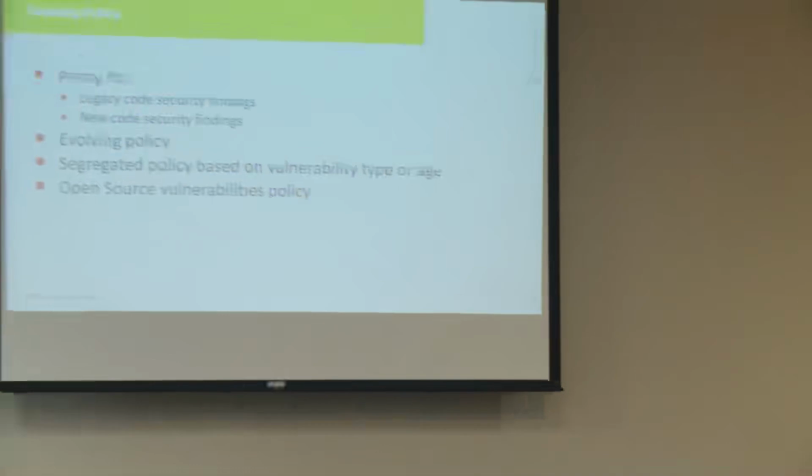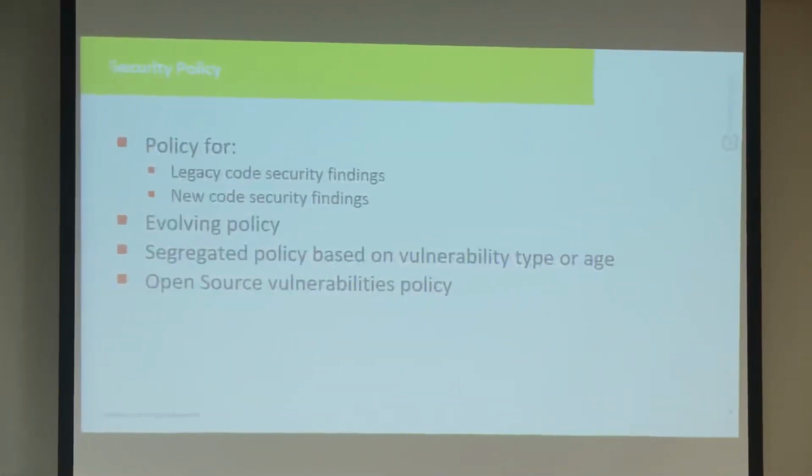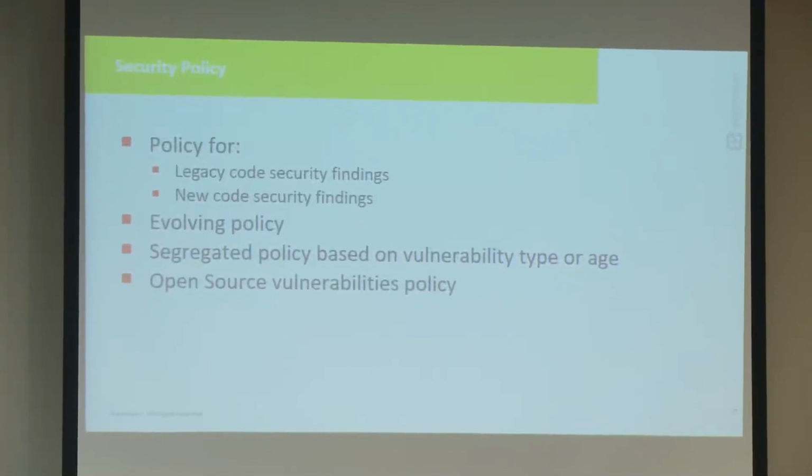I'm not here to promote any particular tool, but I do encourage you to evaluate your application security vendors for those two key components, speed and accuracy. And after you're done with your analysis, right, and you have your results, what do you do with the results?